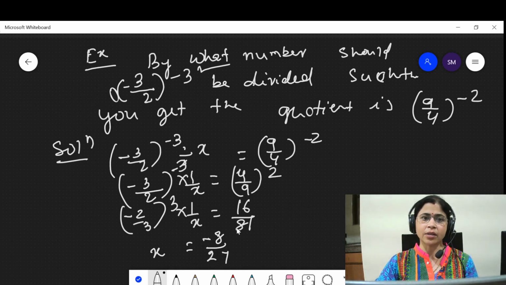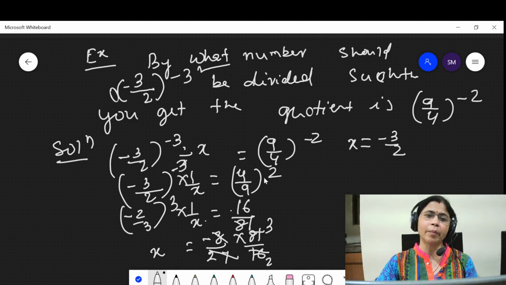Then x is equal to, taking x to this side and 81 to the other side, 81 upon 16. Then 27 divided by 3 and 18 divided by 2 give x equal to -3 by 2.